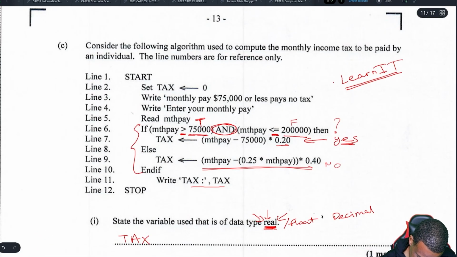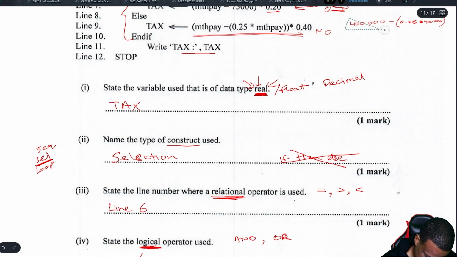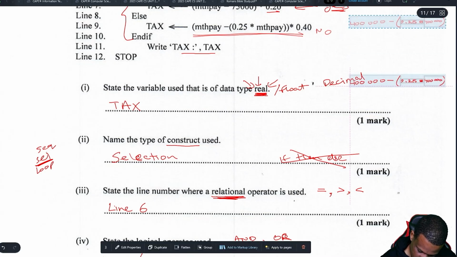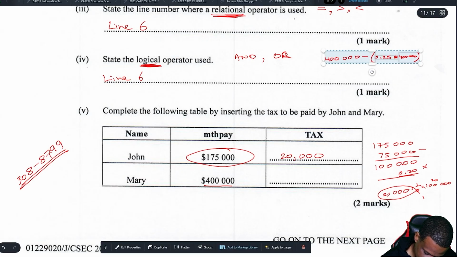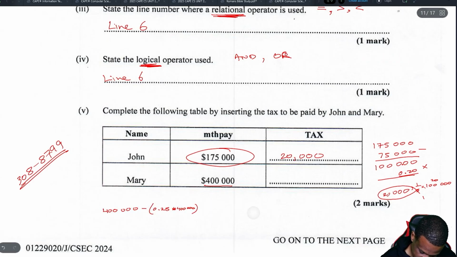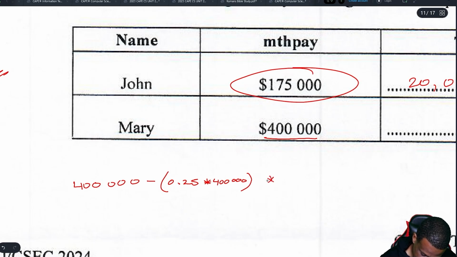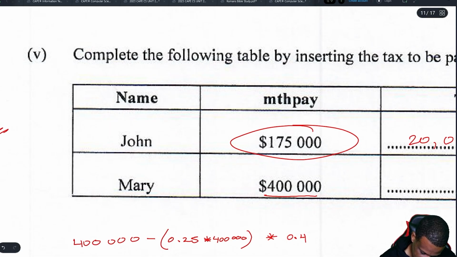So this is 400,000 minus 0.25 multiplied by 400,000. I need some space to work this out. And then we have to multiply this by 0.4. That's 40%, right?